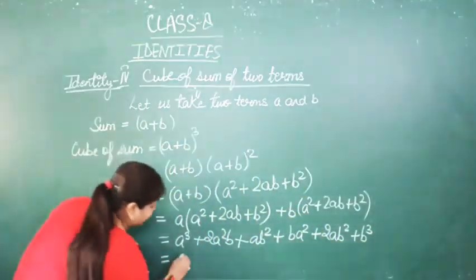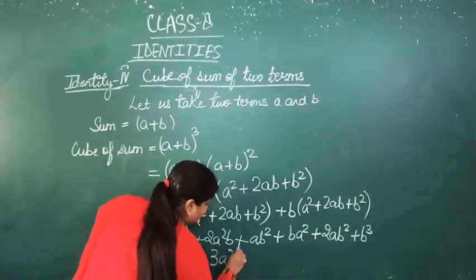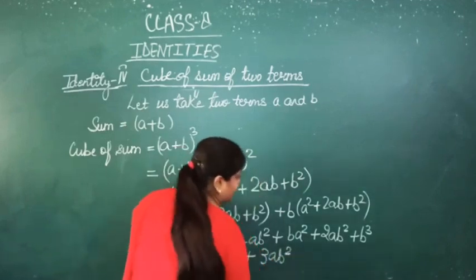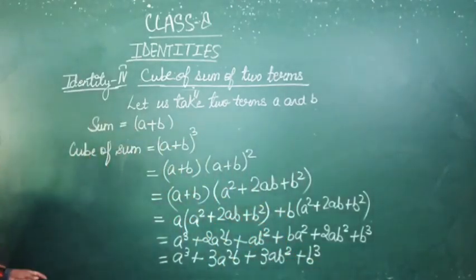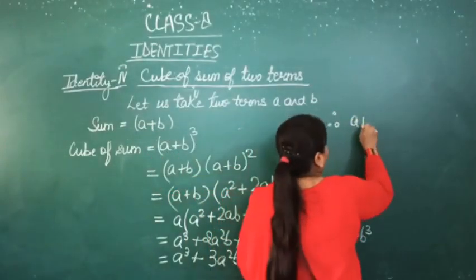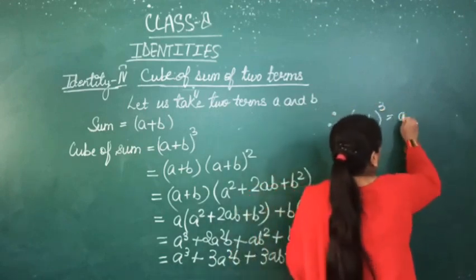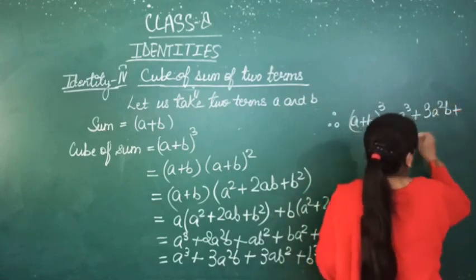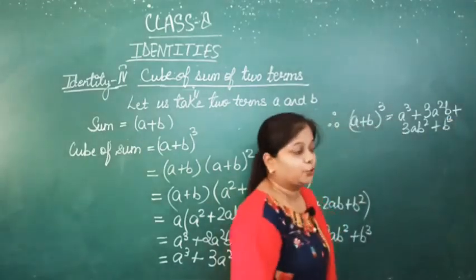Simplifying it, we'll get a cube plus 3a square b plus 3ab square and plus b cube. Therefore, (a plus b) whole cube is equal to a cube plus 3a square b plus 3ab square plus b cube.